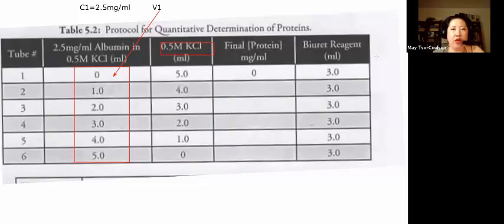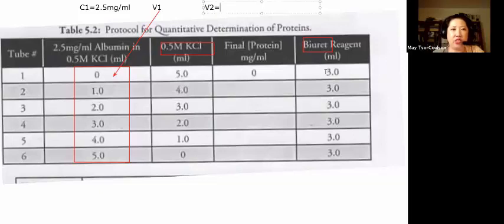We are also adding a reagent called Biuret reagent, and this reagent will react with the protein and turn to a purple color. We are using our spectrophotometer to measure the absorbance of this color change. So we know that the volume, V2, is equal to the total volume inside the test tube.